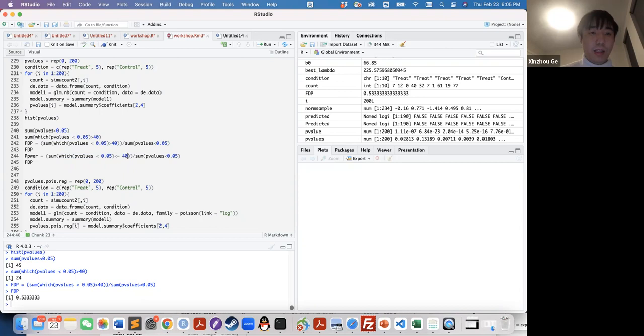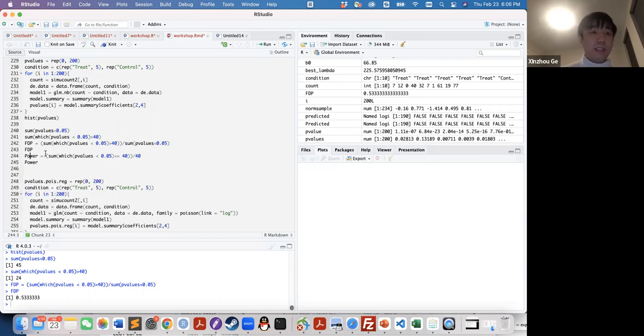So this will be the number of true discoveries. And the denominator will be the number of total true DE genes. So it is 40 here because the first 40 are true DE genes from our definition. So we can also know the power.